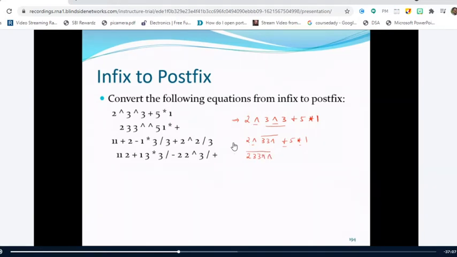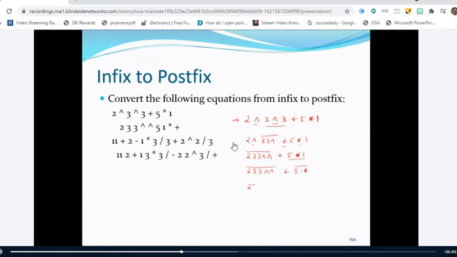We consider the entire thing a single operand, and it becomes plus 5 star. So we are left with two operators, plus and star. Since star has higher priority than plus, we solve this sub-expression first. Therefore, it becomes 2 3 cap plus 5 1 star.